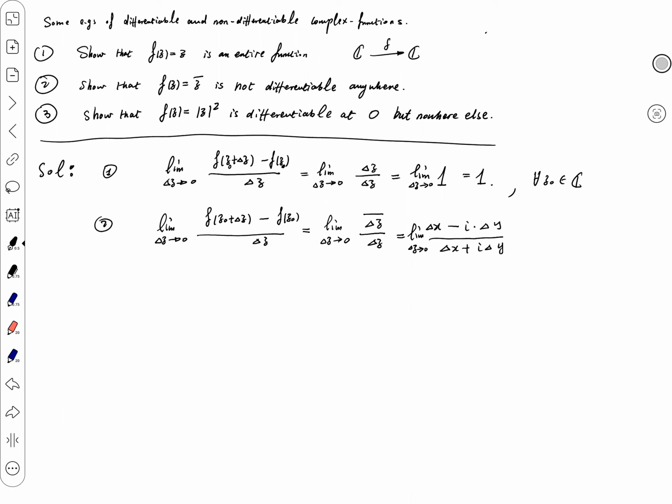And then you could check that the Cauchy-Riemann equation is not satisfied, so it's not differentiable.